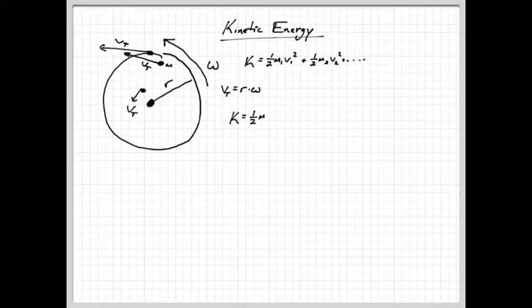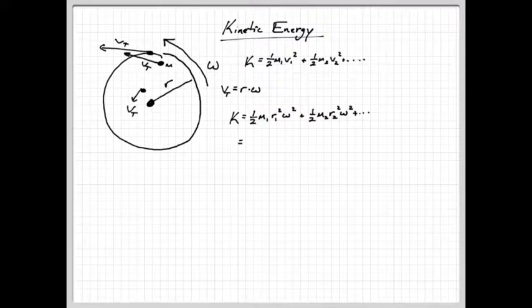So this gives me 1/2 m1. Then when I plug this in for the velocity, I get r1 squared times the angular speed squared. Do the same thing for the second mass. That would be r2 squared and the angular speed squared. And then this would continue for as many masses as there are.